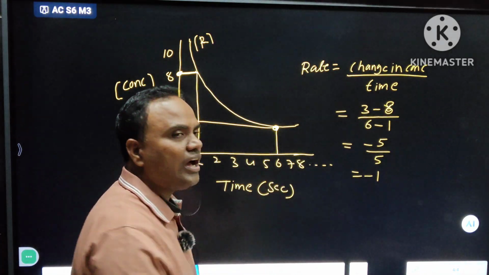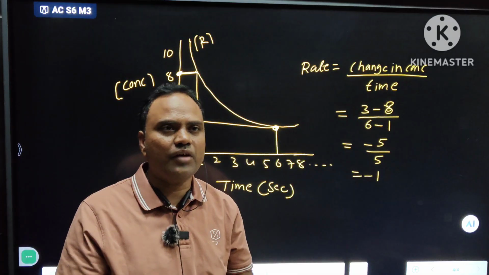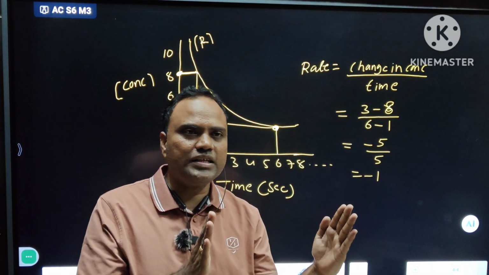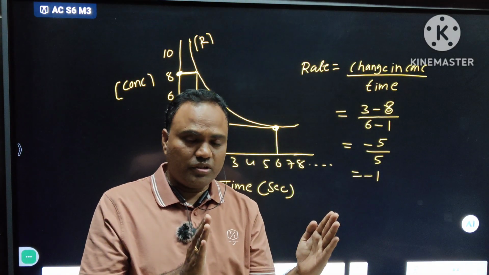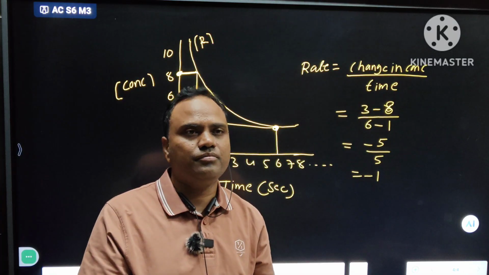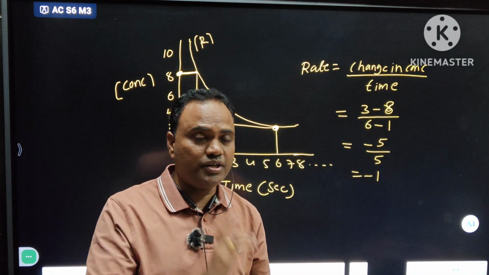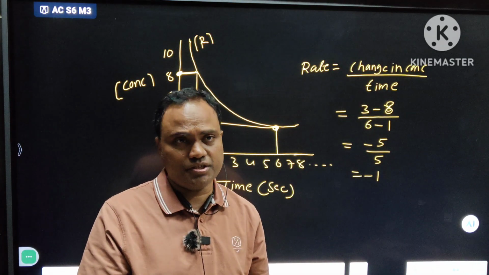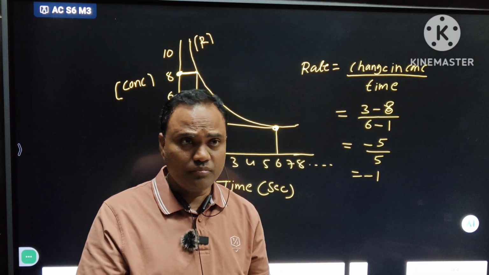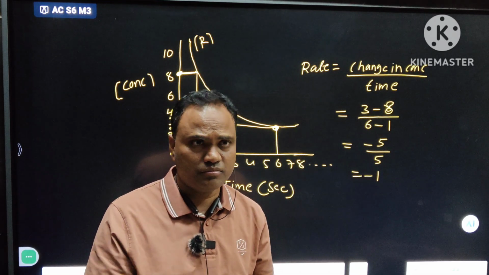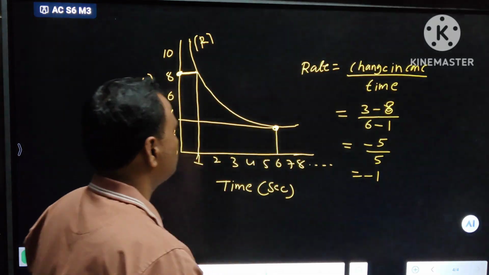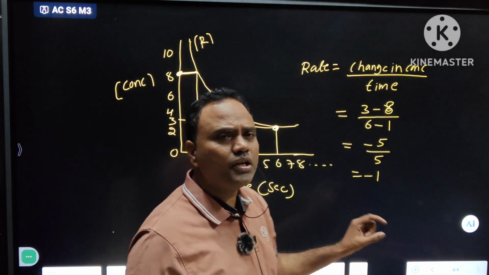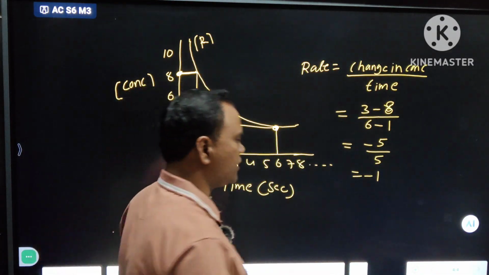Now this is called the average rate. Average rate means the rate is calculated with a large time interval. Okay, average rate and instantaneous rate. Clear, both of you? I can represent that instantaneous rate like this.